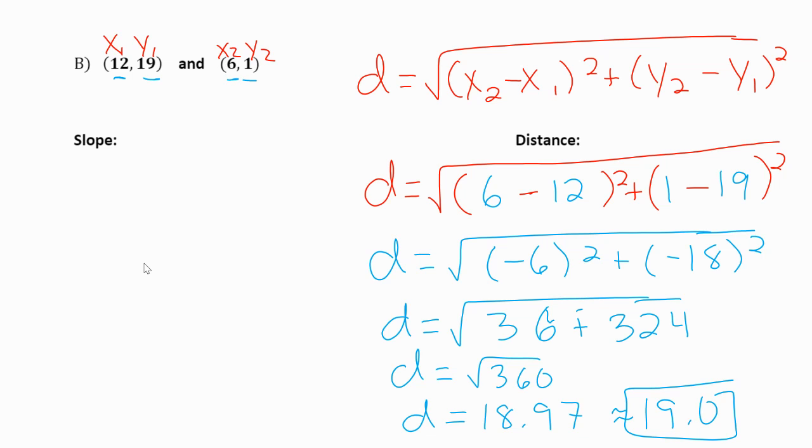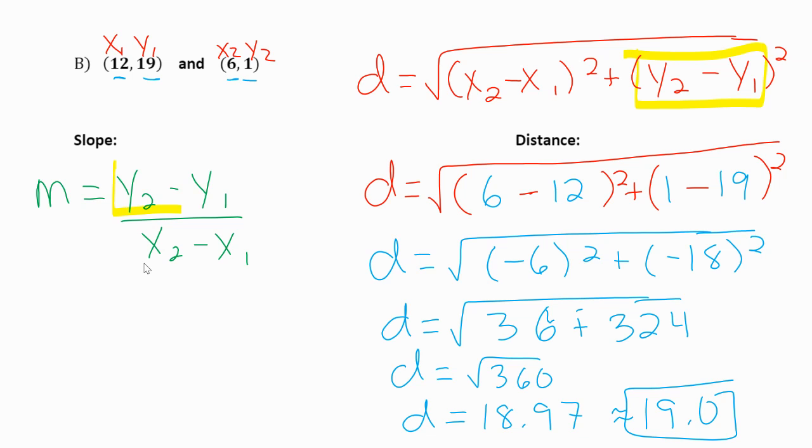Okay, if I wanted to do my slope, again, your formula is y2 minus y1 over x2 minus x1, but you can save yourself a little time if you notice that you already did y2 minus y1, and you already did x2 minus x1.